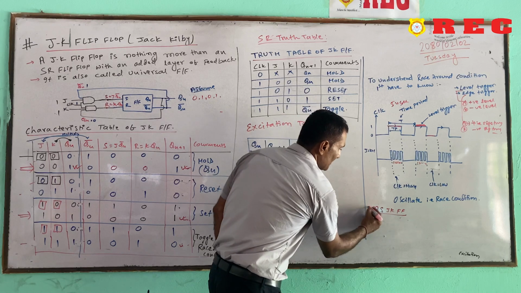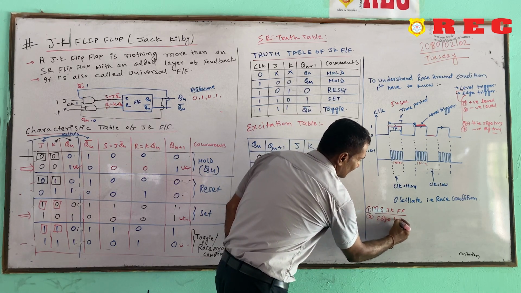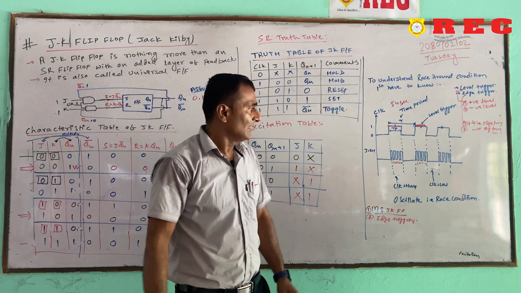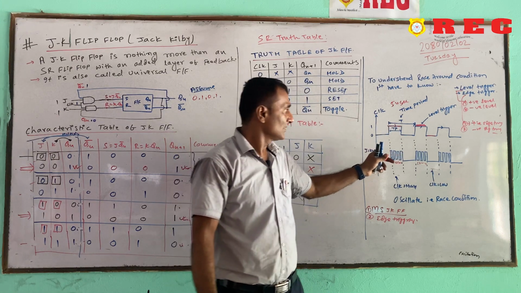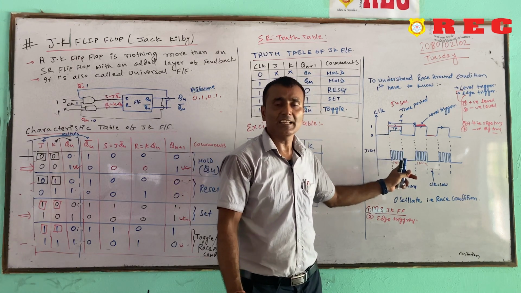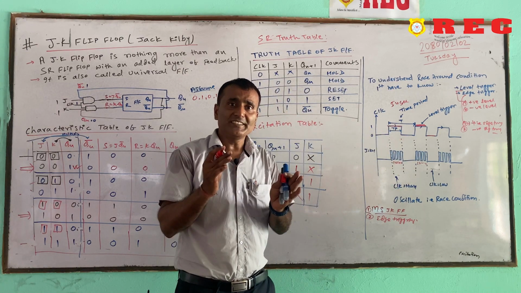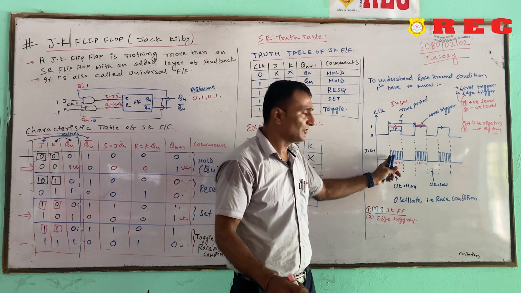So this is one process, and the other is edge triggering. If in the 5 nanoseconds the output is triggering 5 times or 10 times, and the level of the clock pulse is decreased, then it will be controlled by itself.